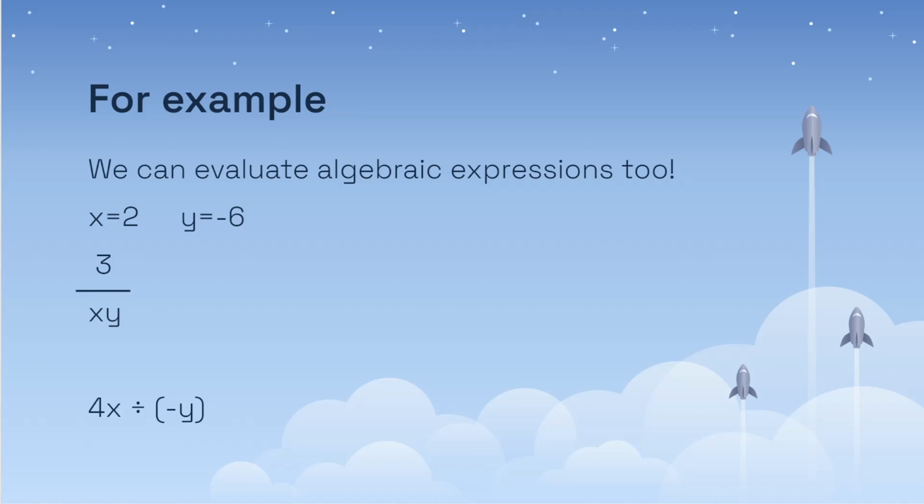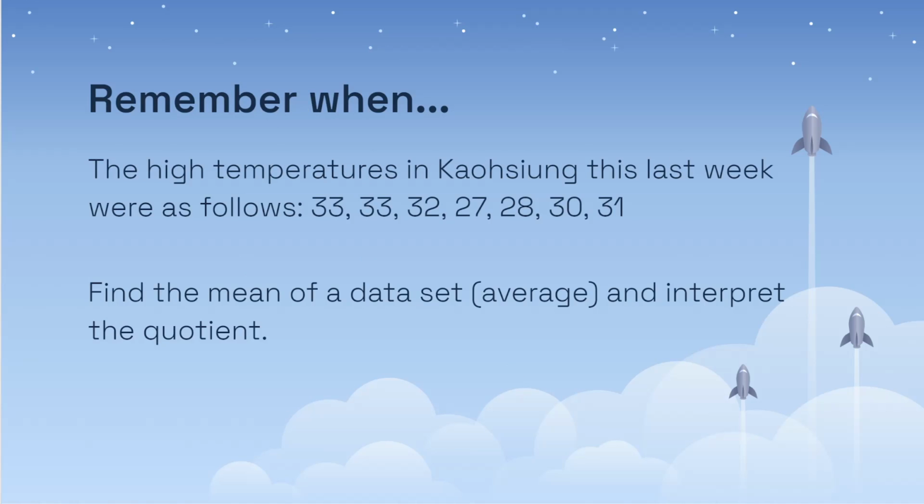Okay. Oops. So remember that when we are finding the average or the mean of a data set, we use division, right? The high temperatures in Kaohsiung this last week were as follows: 33, 32, 27, 28, 30, 31.